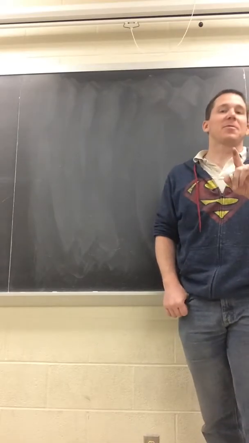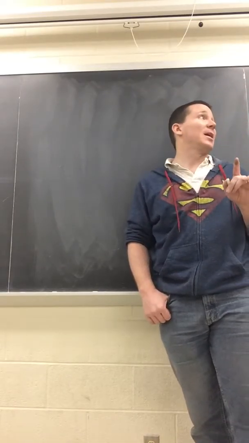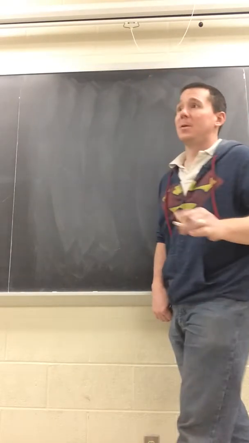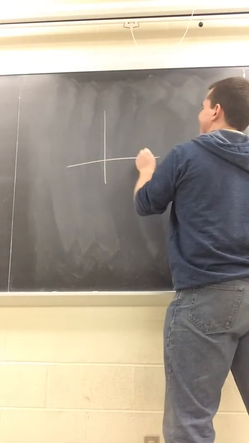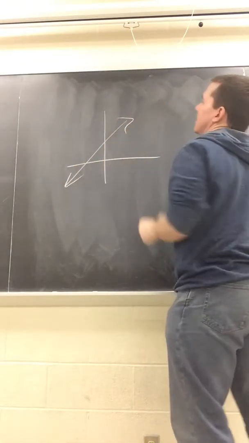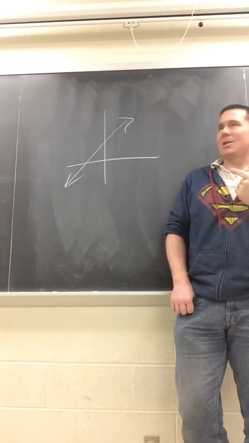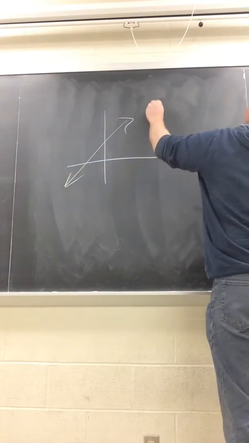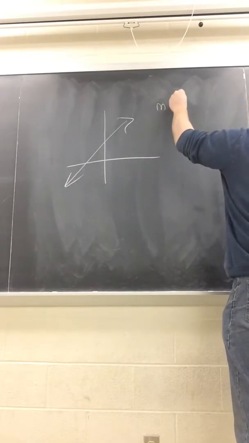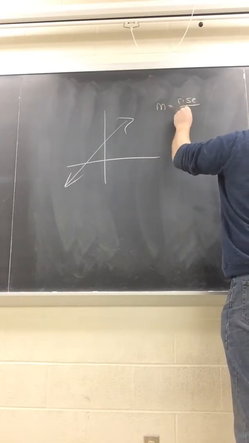So first off, the first thing we care about when talking about the equation of a line is the slope. If we have some line like this, you have all seen this before. The slope, you can find it different ways. We generally call it M, and you can call it rise over run.